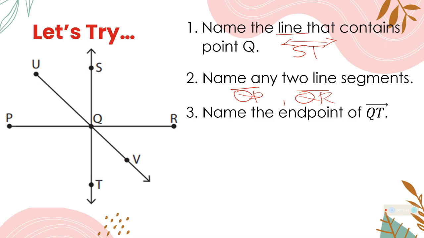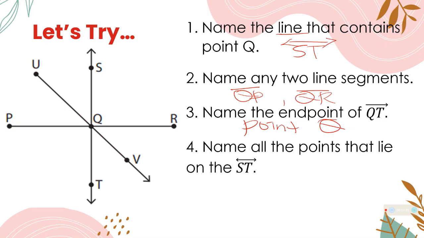Next, number 3. Name the endpoint of ray QT. What is the endpoint of ray QT? That is point Q.